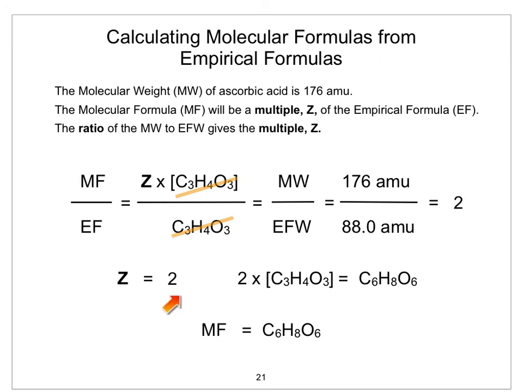Therefore, Z is equal to 2, and we get the molecular formula by multiplying the empirical formula and its subscripts by the factor 2. This affords the molecular formula for ascorbic acid as C6H8O6. We can check our answer by confirming that we can rewrite this formula as a simpler empirical formula by dividing the subscripts by 2 to get C3H4O3.